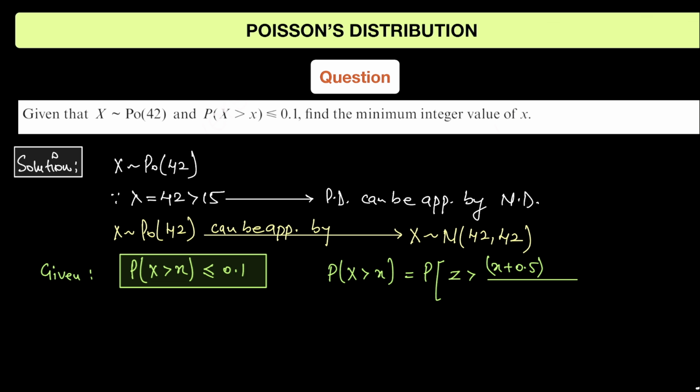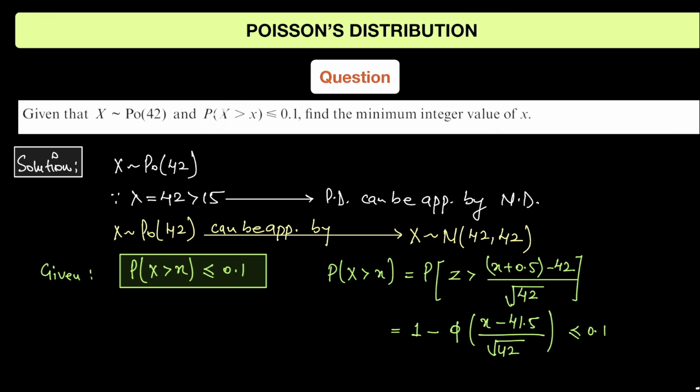So this becomes (x + 0.5 - 42) divided by the standard deviation, root 42. Since it is greater than, we will solve it as 1 minus phi of (x - 41.5) divided by root 42, and we are given that it is less than 0.1.